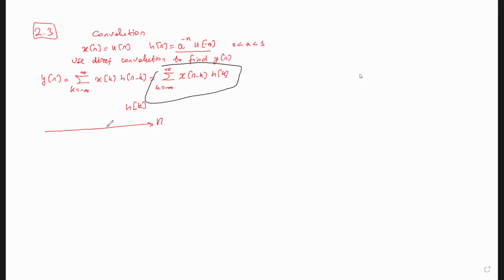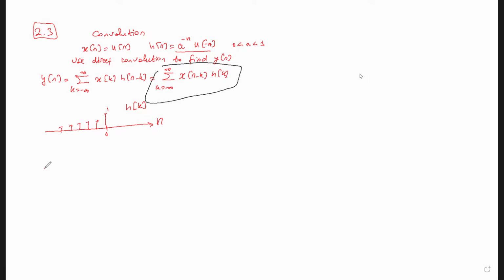This means that I have to start from 0 when a is a small number and n increases, so that's going to be a decreasing sequence, right? So something like this. The first value, a to the power 0, is 1.